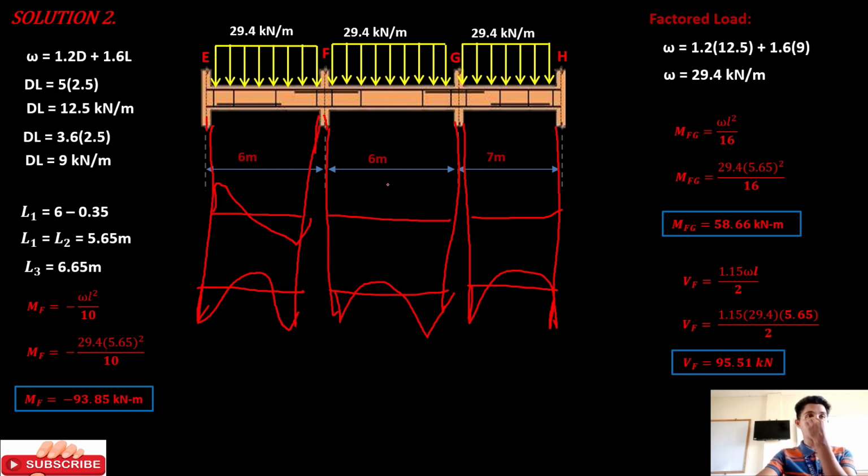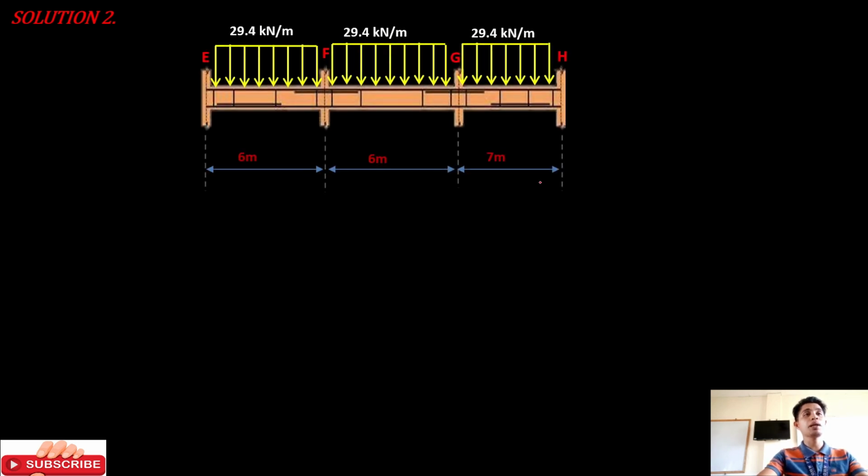So, ang pwede nyo gawin, kung gusto nyo, isolve nyo lahat, isa-isahin nyo lahat. Pero ang pinakamabilis na diskarte dyan, since pare-pareho lang silang WL squared, pipiliin nyo lang yung pinakamalaking length, at the same time, pinakamaliit na denominator. Okay? Kasi mas maliit na denominator, siyempre mas malaki yung quotient.